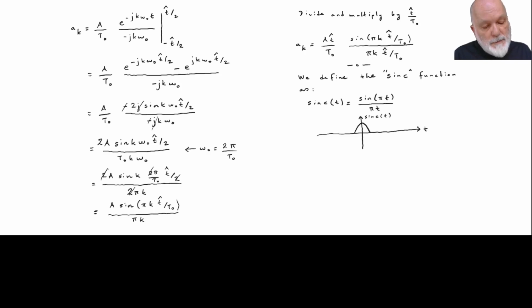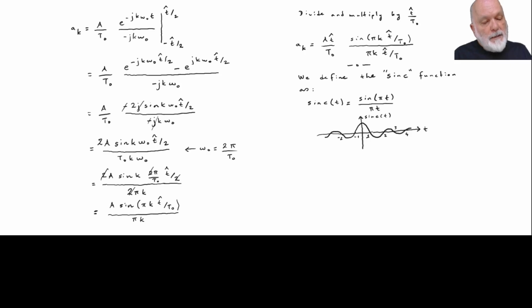It has zero crossings, and these zero crossings are at 1, 2, 3, 4, etc., and minus 1, minus 2, etc. But since we have t in the denominator, for larger values of t, the value of the function decays to 0 eventually.